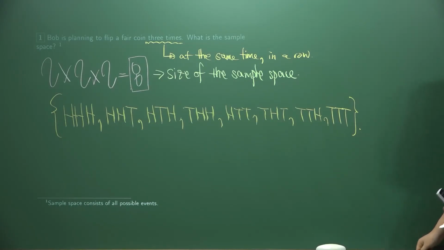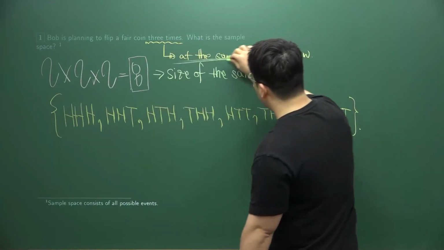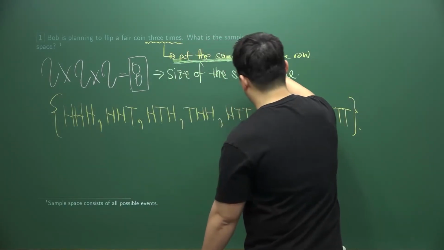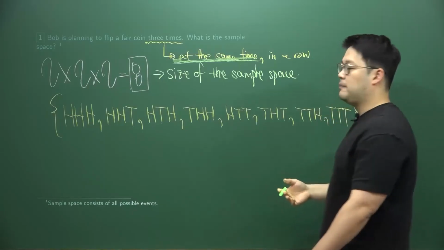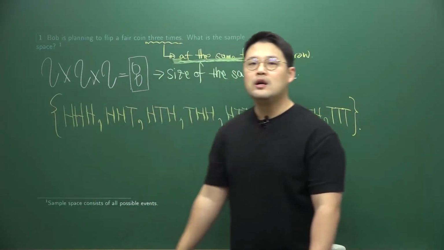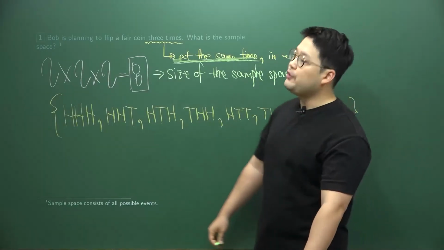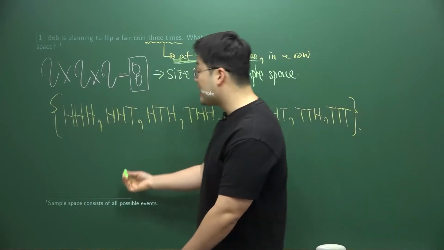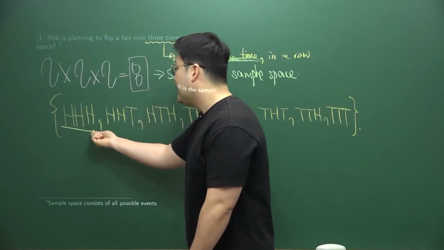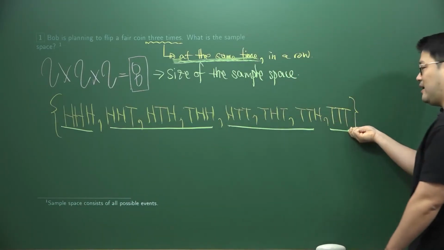Now, because people are so confused about throwing at the same time, people usually say, oh, there's an overcount. Well, I gave you all 8 possible cases, but some confused kid will say, oh, you overcounted because that's 3 heads, and this is 2 heads, and this is 1 head, and this is no head.